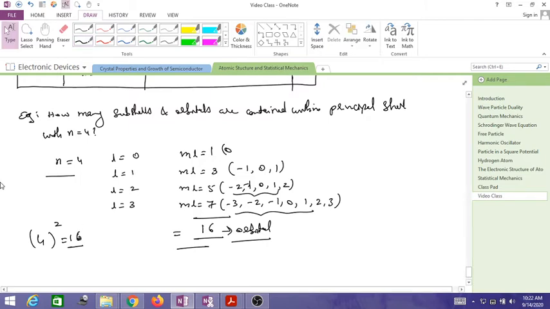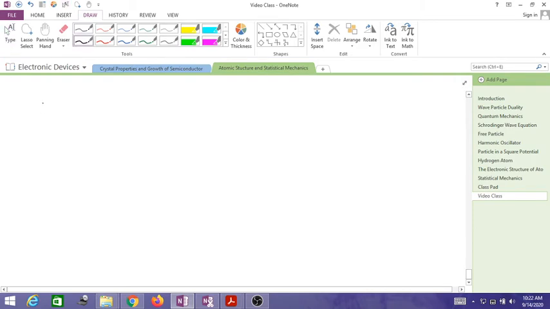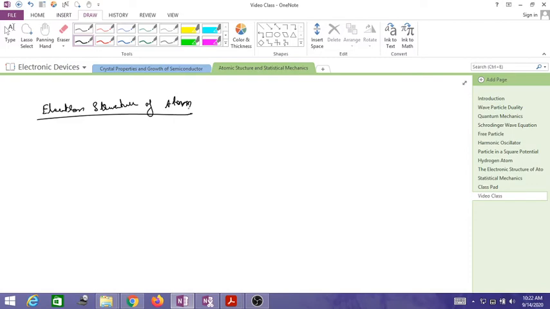Now let us talk about the electronic structure of atoms. In a multi-electron atom, the motion of an electron is not only influenced by the positively charged nucleus, but also by the presence of other electrons.